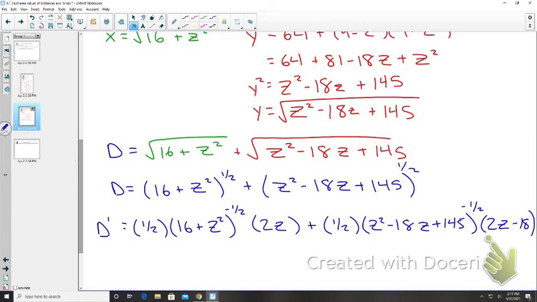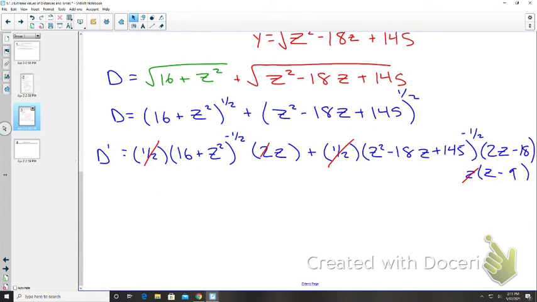Okay, we've got to clean this up and simplify it a little bit. First thing I'm going to do is factor out a 2 from this 2z minus 18, so it becomes 2 times z minus 9. Now I'm going to clean this up. The 2 and the 1/2 will cancel, and my 2 in front of the z and the 1/2 again will cancel.